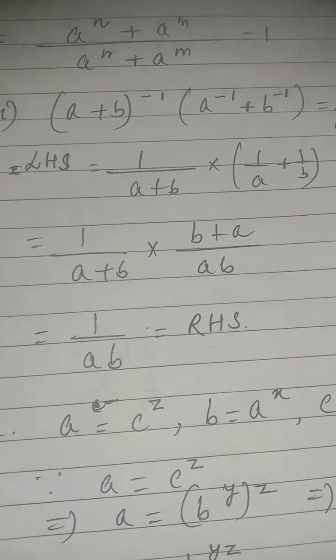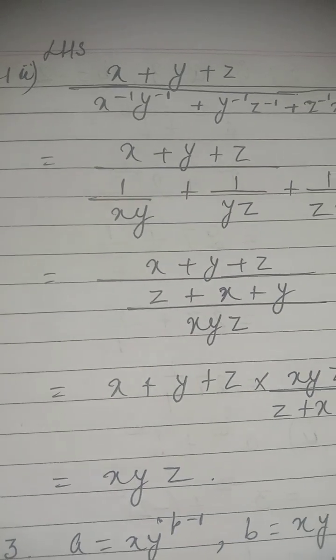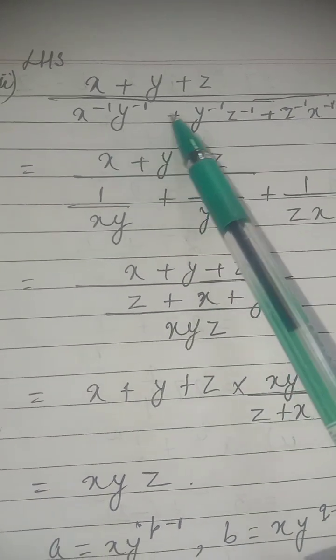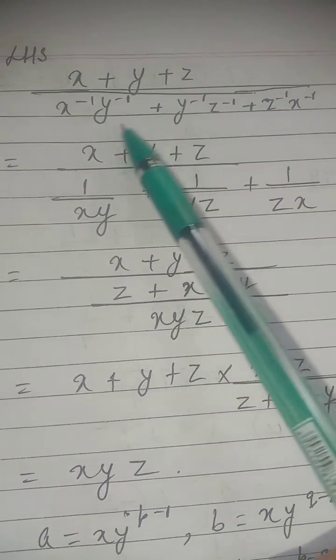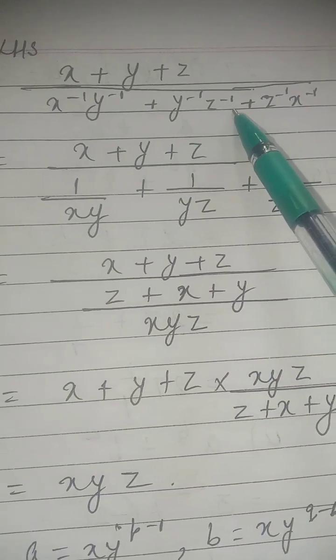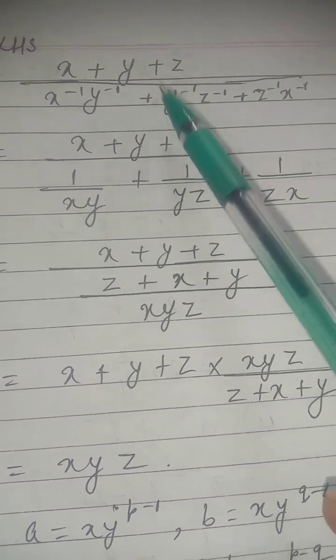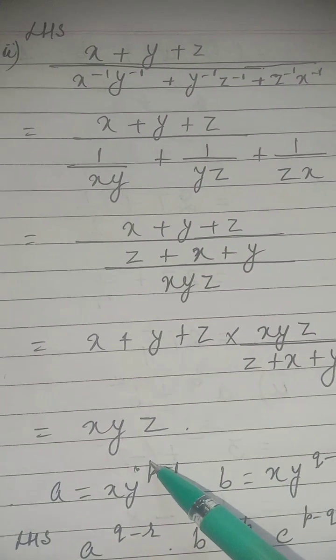That will be the RHS. Now question number 21, second part: (x + y + z) by (x^-1 y^-1 + y^-1 z^-1 + z^-1 x^-1). You have to prove that this equals xyz.